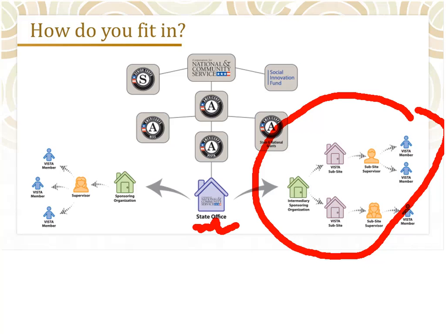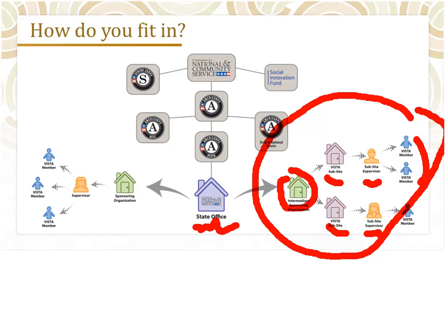This framework is a good example of how projects with subsites are structured. The intermediary organization is the little green one right here, and within that they may have multiple subsites. In this example there's just 2, but there could be 50. And then you, as the subsite supervisor, are situated here, and you have members that you support.